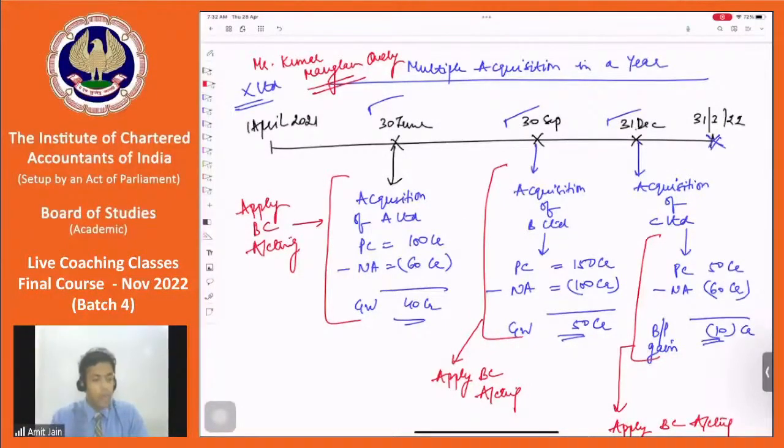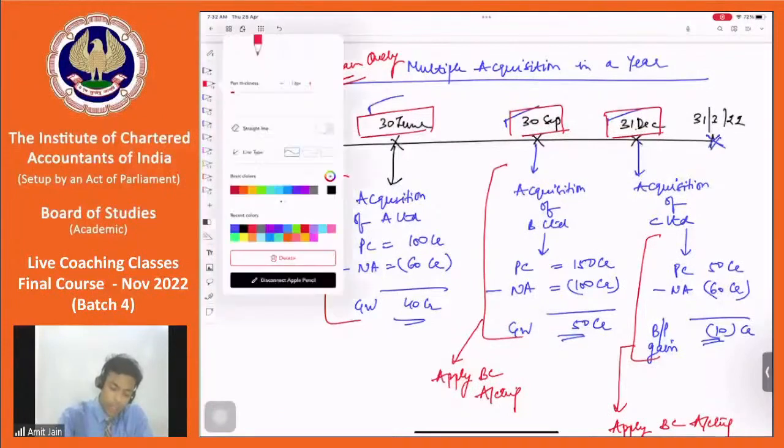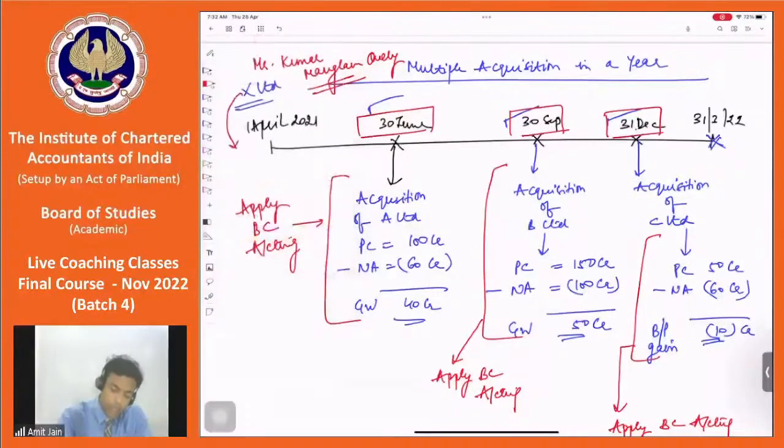Ayush is saying, sir, but the console is only prepared at the year end. You are absolutely correct, console we will prepare at the year end. Now, guys, let me clarify. Let's say X Limited is a listed company. Now, guys, tell me, as per the SEBI reporting, we need to prepare the console as of 30th June.